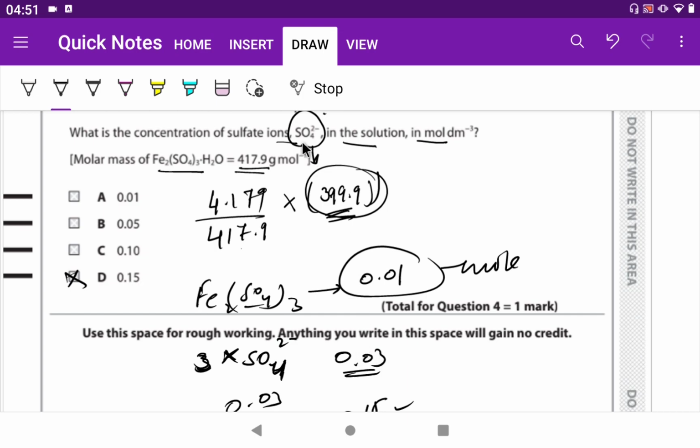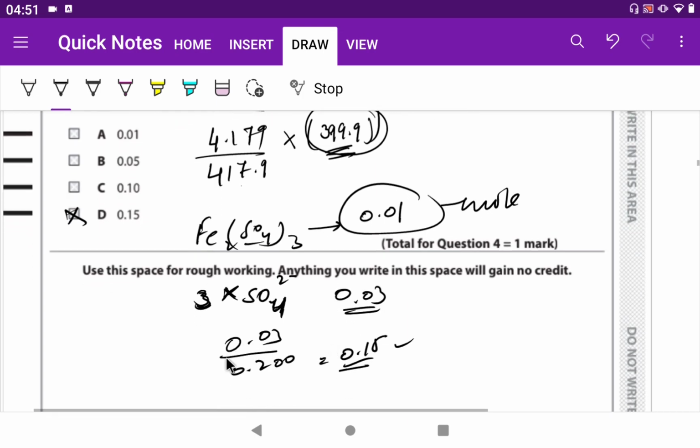And now I have to divide by this 200 cube, and after that I have to make it into decimeter cube, so divide by 1000. So divide this number by 0.2 and the final answer will be 0.15. So the correct answer would be D.